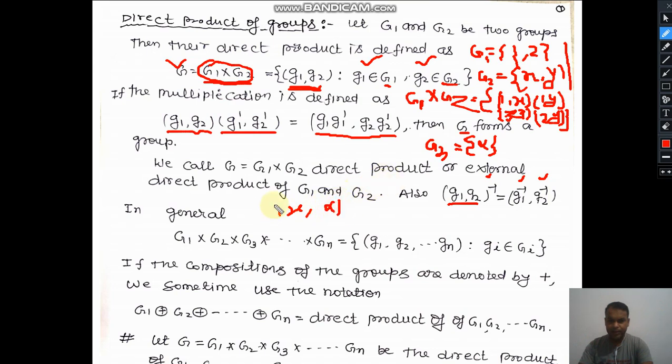So this is our first ordered pair. Similarly the next will be written as 1Y alpha, and after that you will write 2X alpha and 2Y alpha. These are the total possibilities to write the ordered pairs for the cross multiplication of G1, G2 and G3.